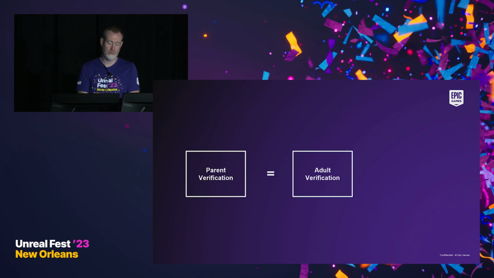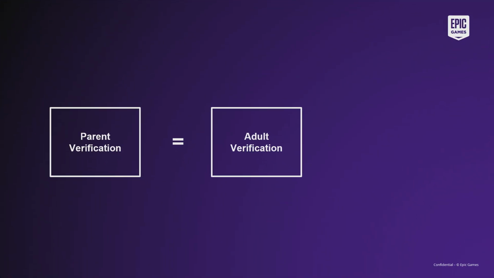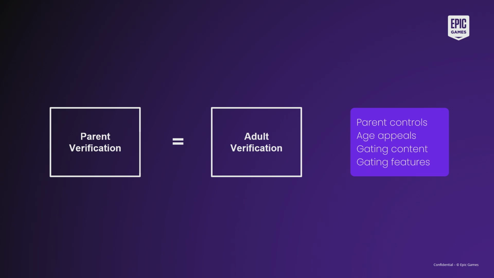The other thing I think is important is that verification is something that needs to be done more in ecosystems in general. One thing we talk about a lot is that if you're taking a parent account and providing a verification for this VPC process, you're also getting a verification of adult status for that account. In a lot of ecosystems, there is a notion of a parent or a twin child account anyway. Having that adult verification gives you a lot more freedom in gating features, functionality and content, and in making sure you segregate the audiences.